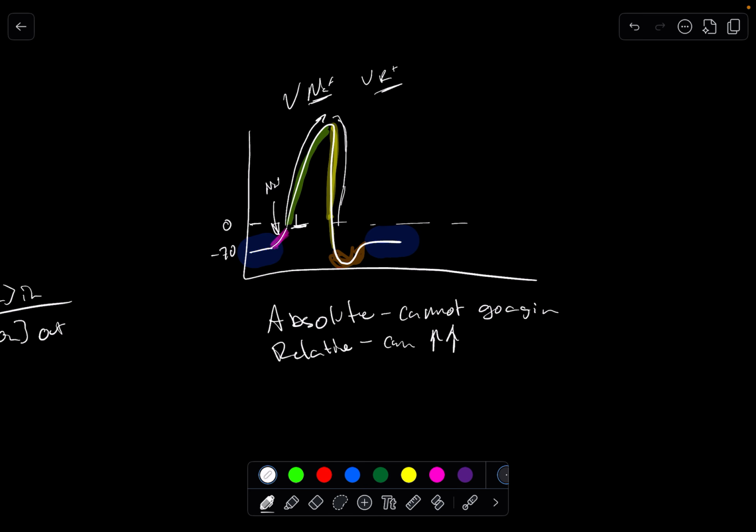And as they close, we still have those leak channels, and so we get a little bit of hyperpolarization, and then we reach equilibrium again as the potassium leak channels even out and the sodium potassium pump makes things come back to equilibrium, right? We get a little bit more negative, and the potassium leak channels help us balance out there. Okay, and that's what's happening during a typical action potential.